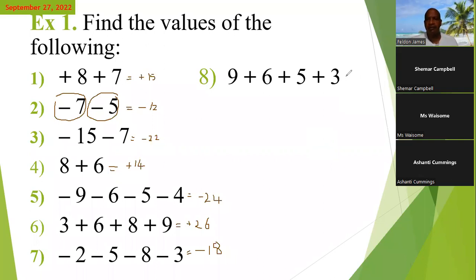Anybody else get that? So you have 6 and 9, 15 plus 5, 20 plus 3, positive 23.